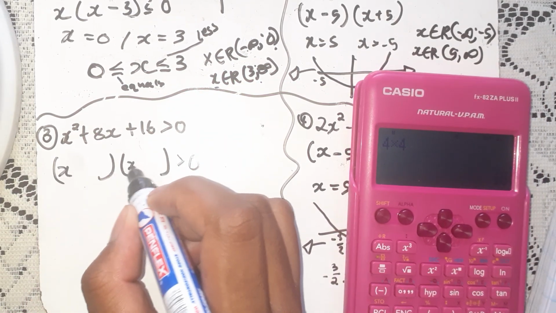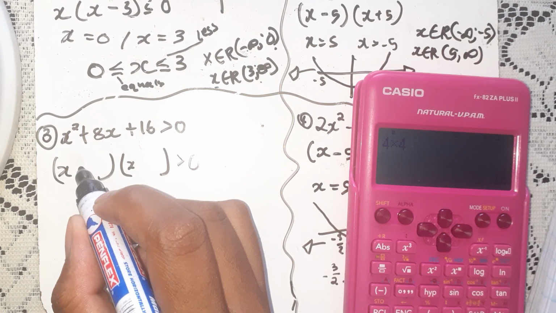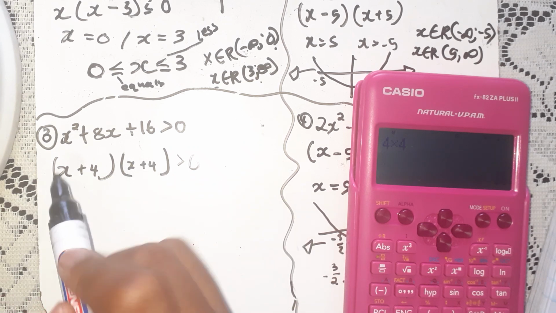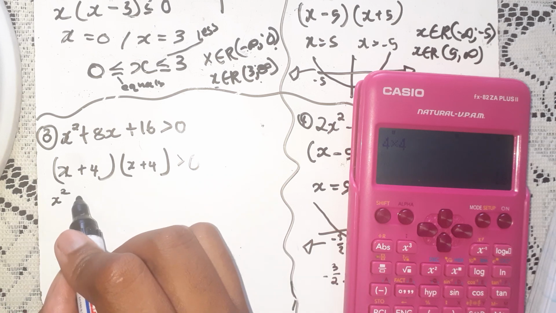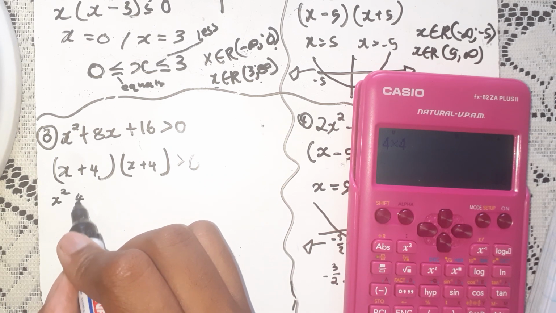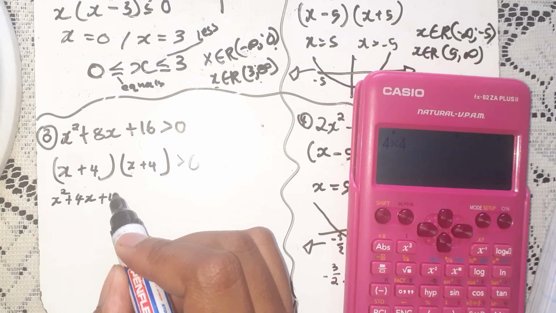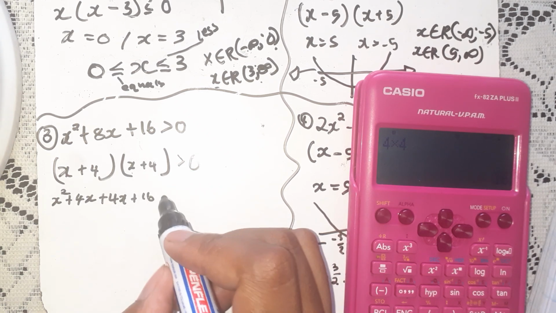So this is x plus 4, x plus 4. x times x is x squared. x times 4 is plus 4x. This 4 times this x is plus 4x. Then 4 times 4 is plus 16.